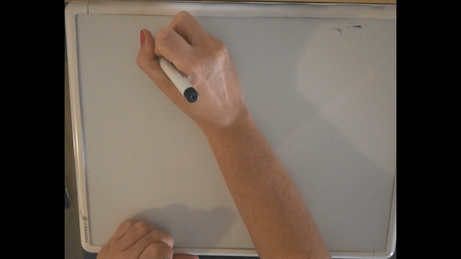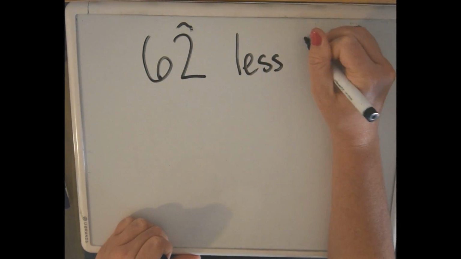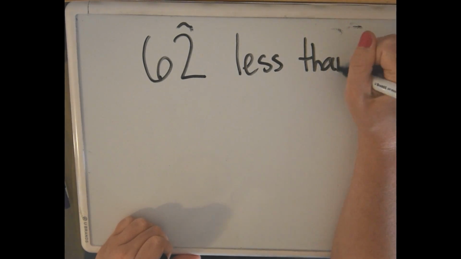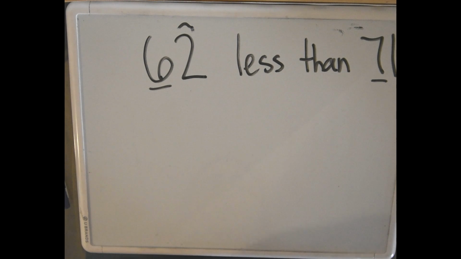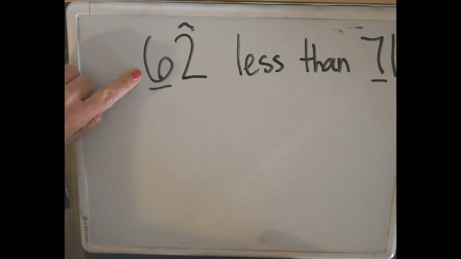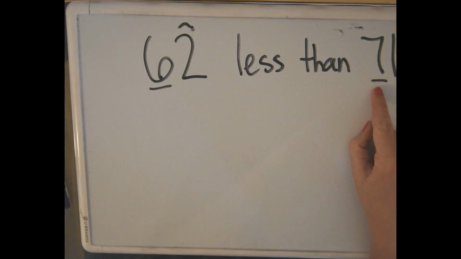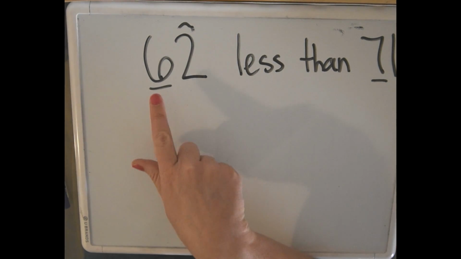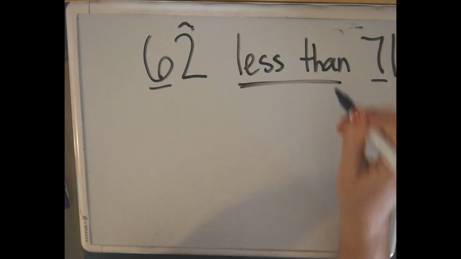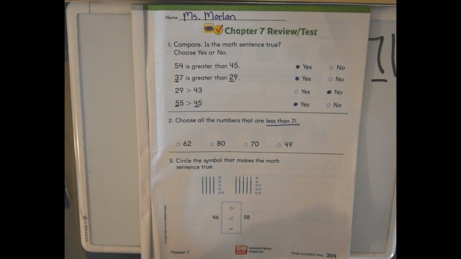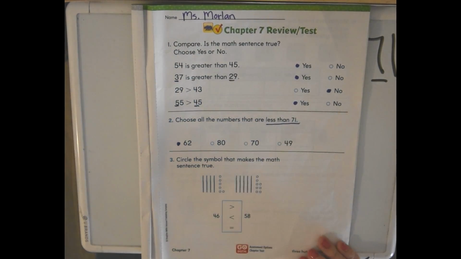It is telling you, is 62 less than 71? Well, look at the tens. 62 has how many tens? 6 tens. 71 has 7 tens. So that means 62 has less tens, and it is less than 71. Okay, so I would bubble in 62. It is less than 71.